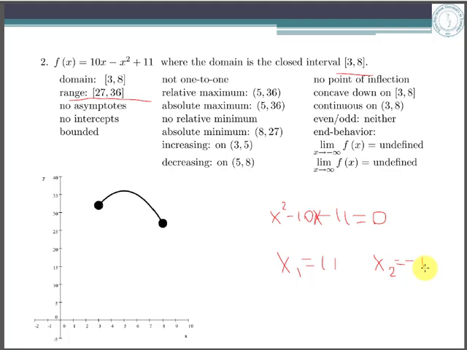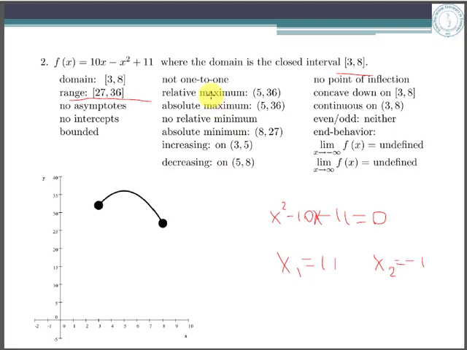So 11 and minus 1 we get, yes? And now this is a parabola. The graph of this one is a parabola, and it's not a one-to-one function.